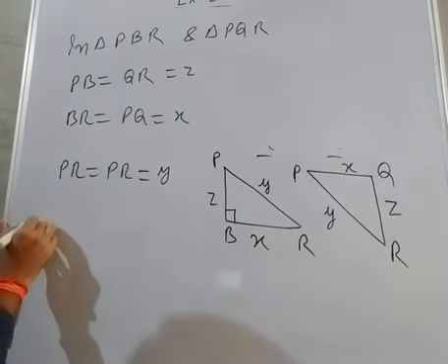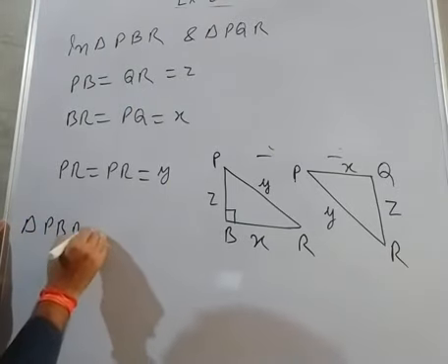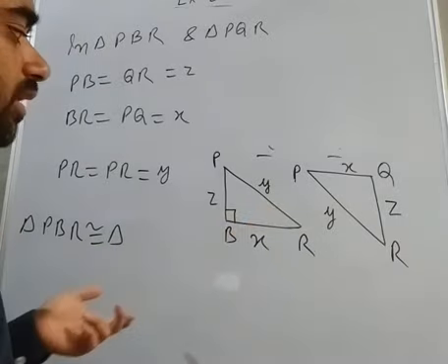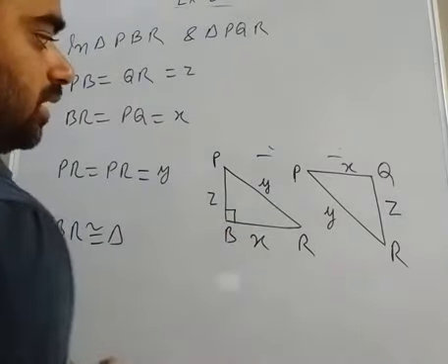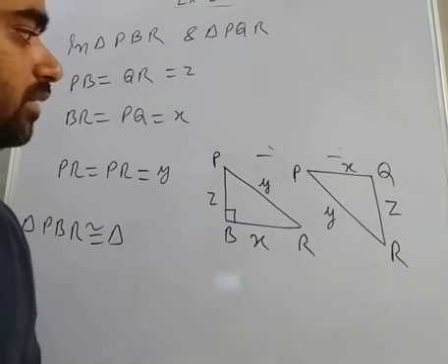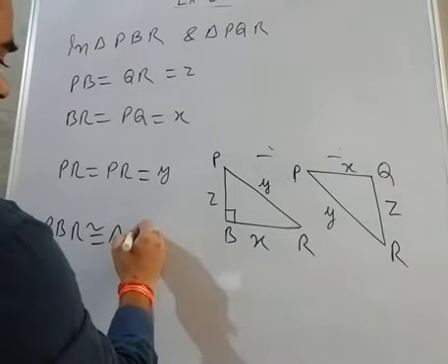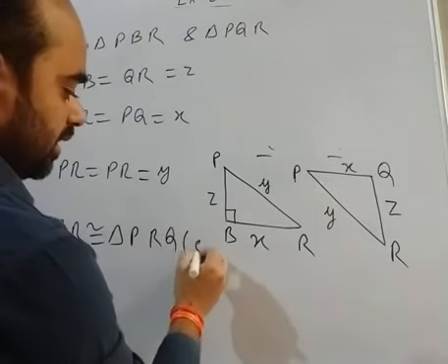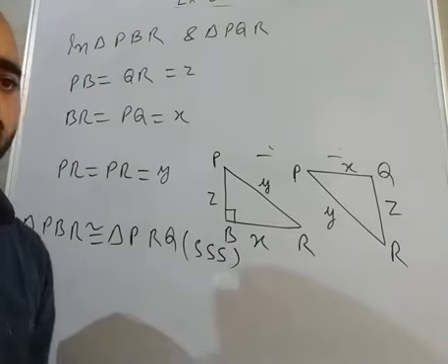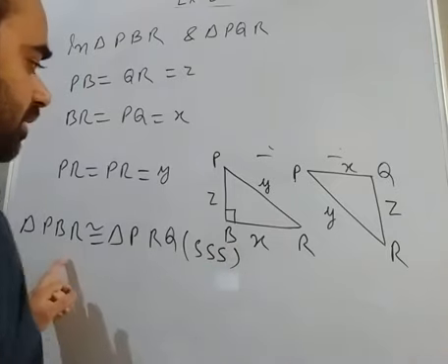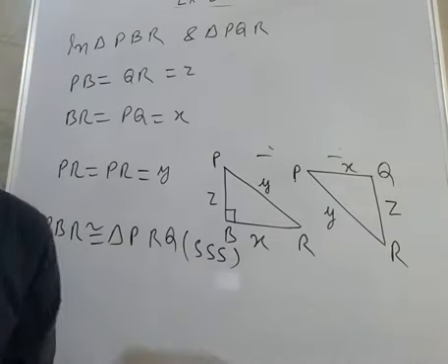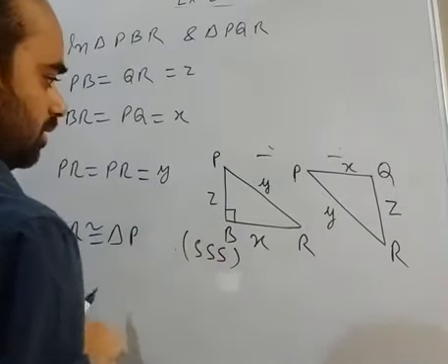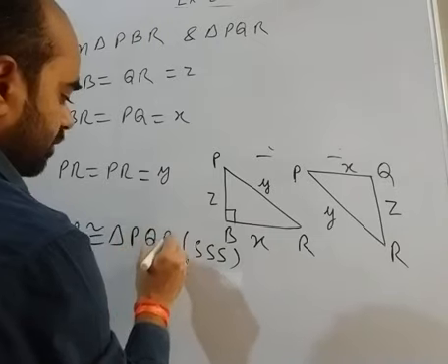It means triangle PBR is congruent to triangle PRQ by criteria SSS. See how to write. Triangle PBR is congruent to triangle PQR.